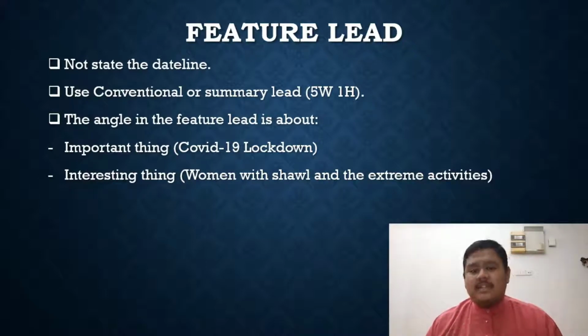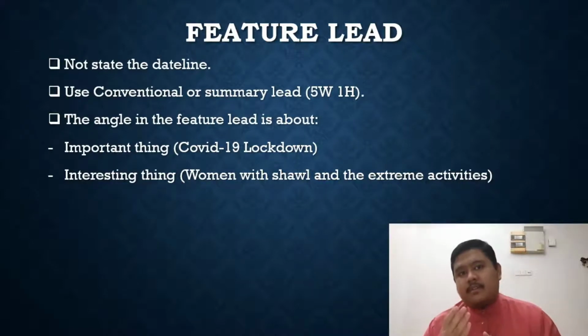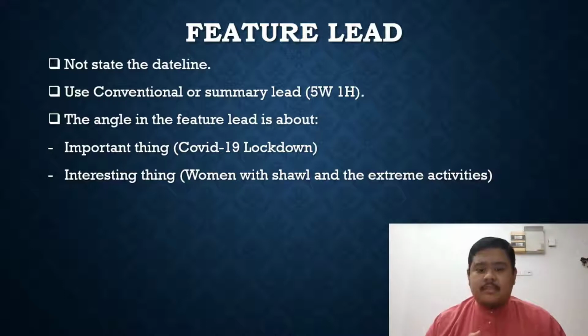Okay, the third one is about the angle. The angle that's stated in the future lead mostly is about the important thing and also the interesting thing. So the important thing, for example, for the futures in the scrapbook is about the COVID-19 lockdown.